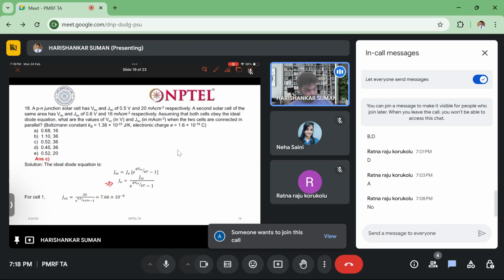For first solar cell we have current 20 milliampere per centimeter square and VOC equal to 0.5 volt. Put this value in this equation first, and after solving we will get J naught equal to 7.66 times 10 to the power minus 8.